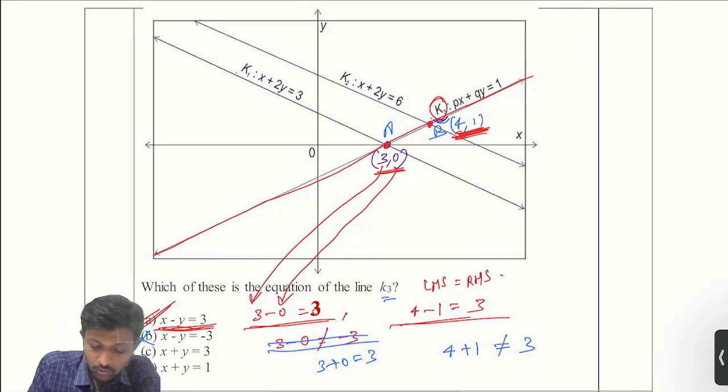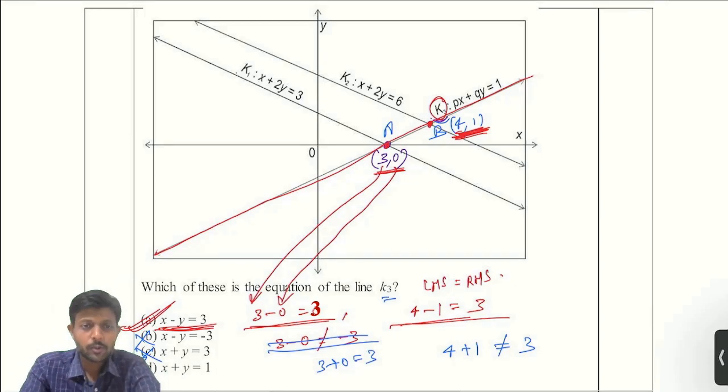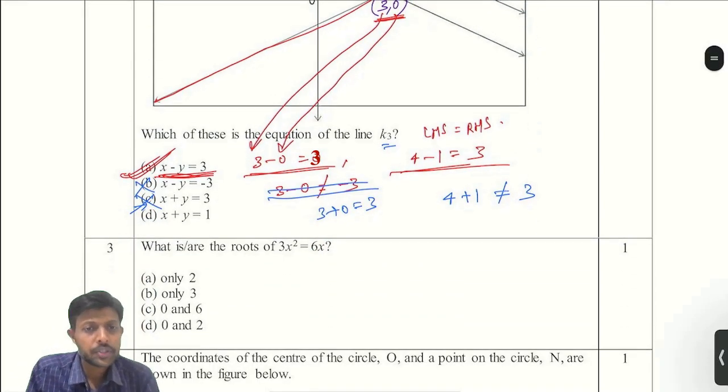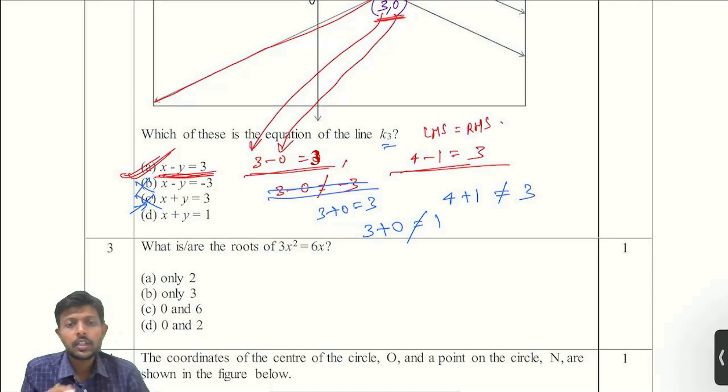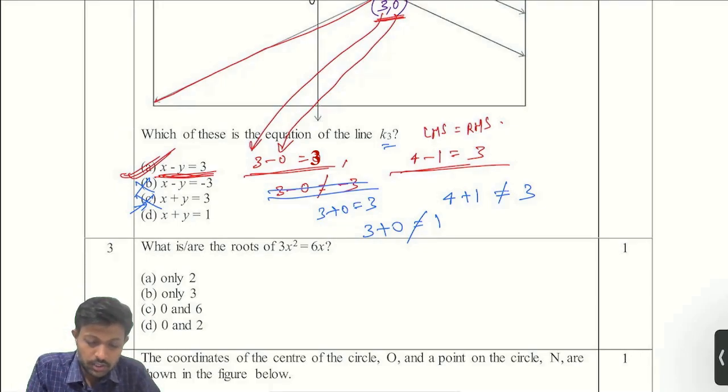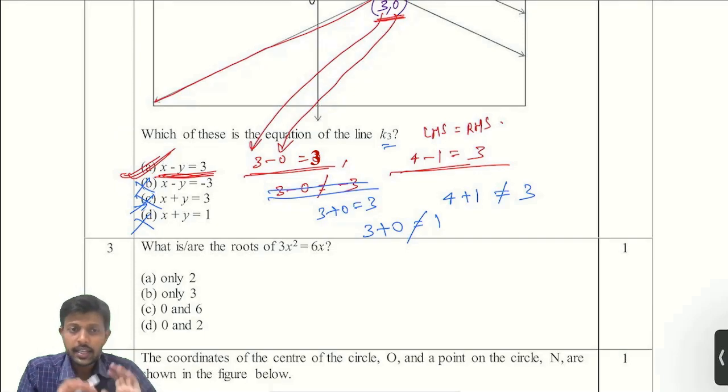No. So we can discard option C also. Let's look at option D. x plus y equal to 1. So we have 3 plus 0 equal to 1. Is it? No. 3 plus 0 is not 1. So this option is also not correct. And we are done with the second question.